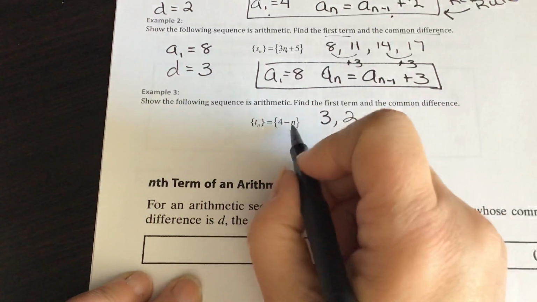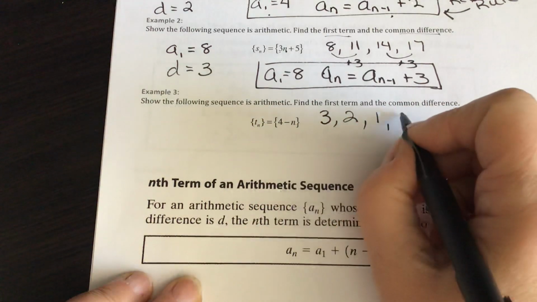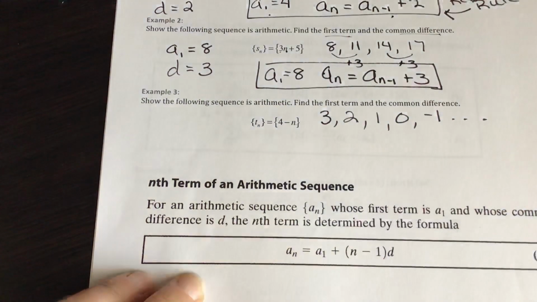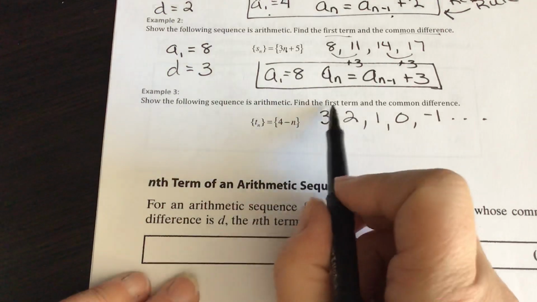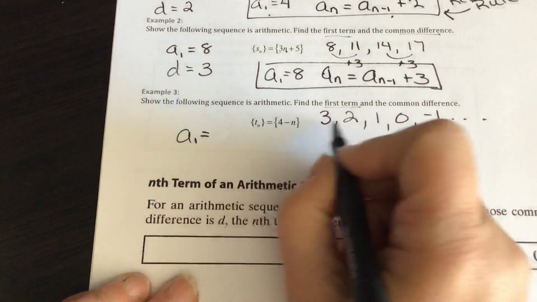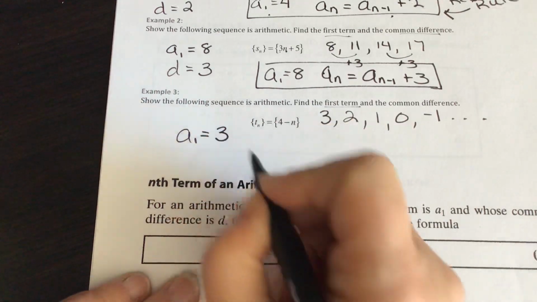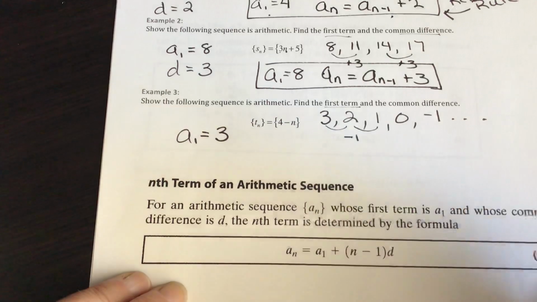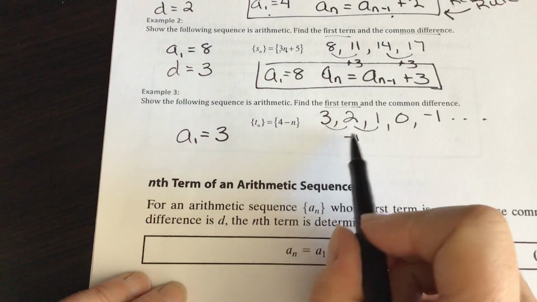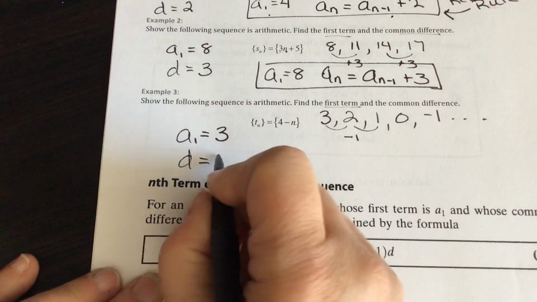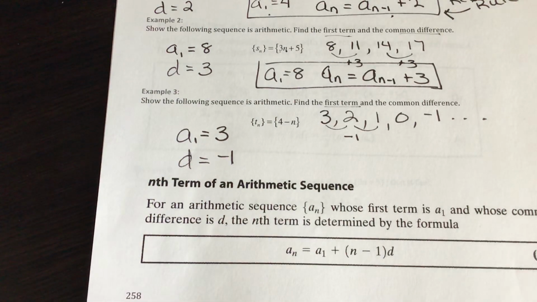In the fourth term, n is 4, 4 minus 4 is 0, n is 5, I get negative 1. I can keep going. But here, the first term, a sub 1, is 3. And my rule each time is down 1. So this time I have a negative common difference. So my common difference is negative 1.